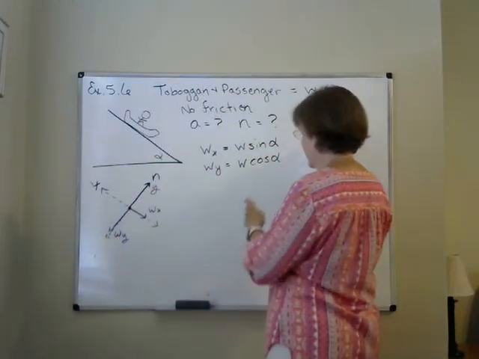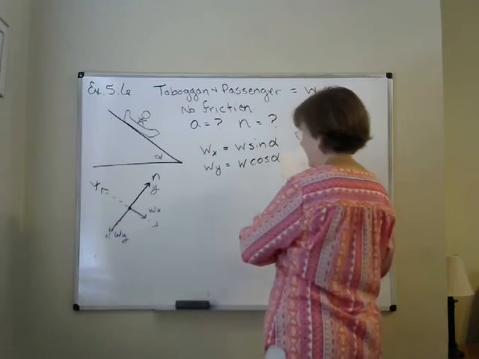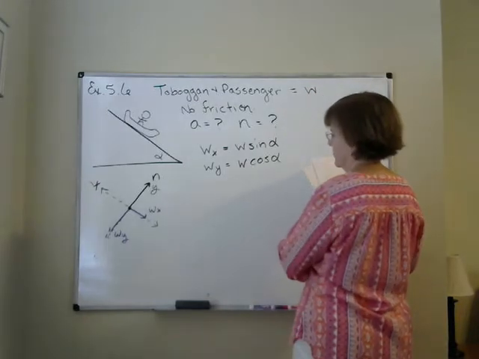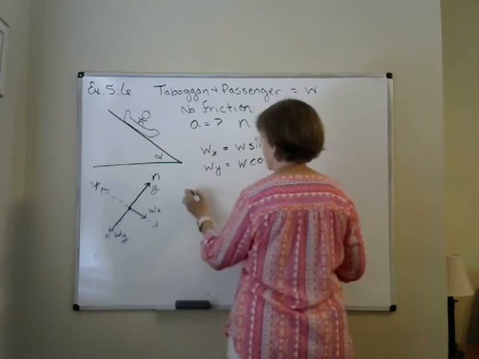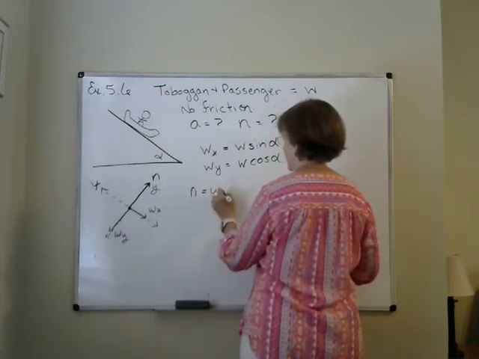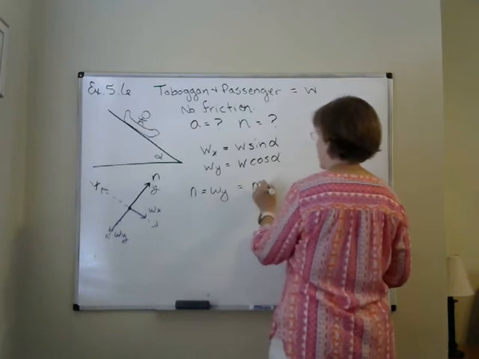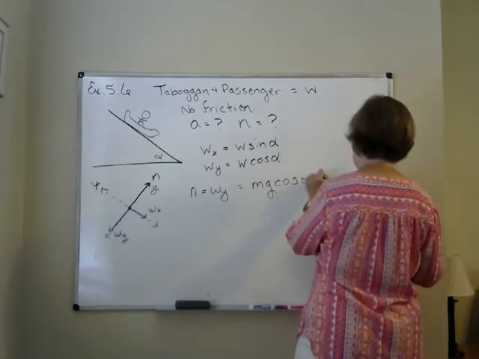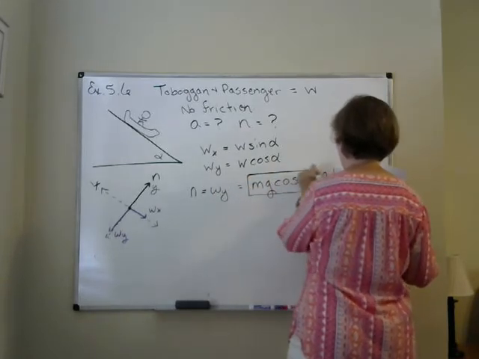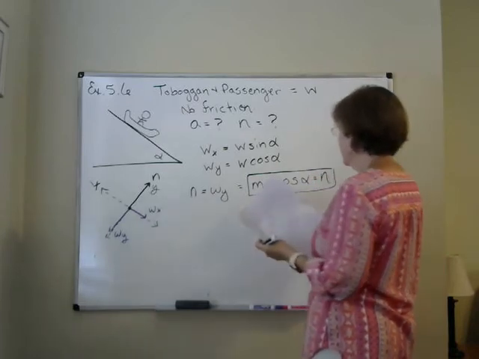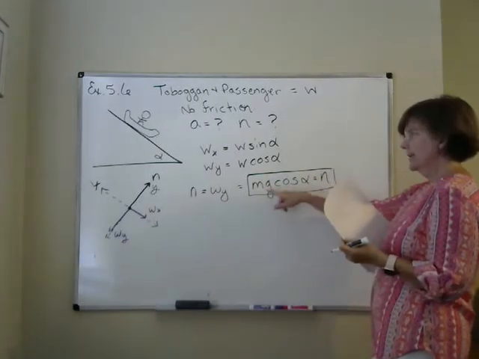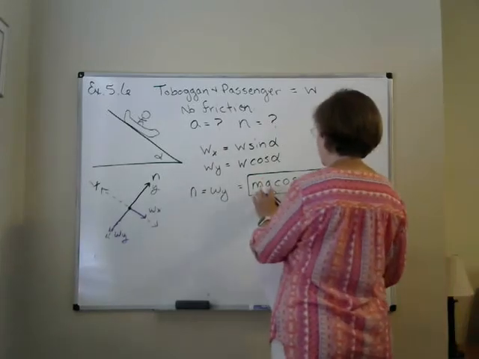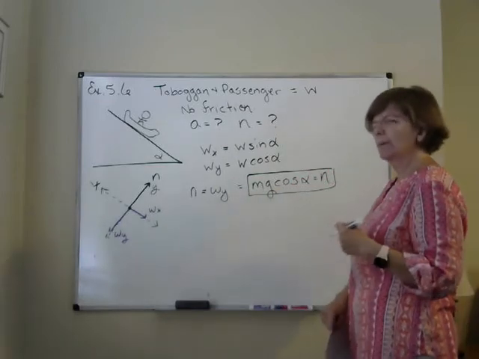Right away, it's really easy to see that the normal force has to equal Wy, so that's one of our answers, which is going to be mg cosine alpha. I did go ahead and replace it, I could have left this as W cosine alpha. It wouldn't make any difference. If we know the weight, we know the weight. Really, there's no reason to put mg there on this part, but there's going to be on the second part.